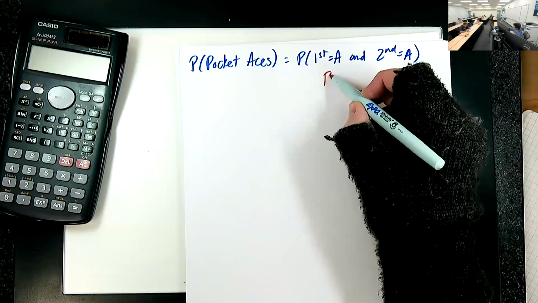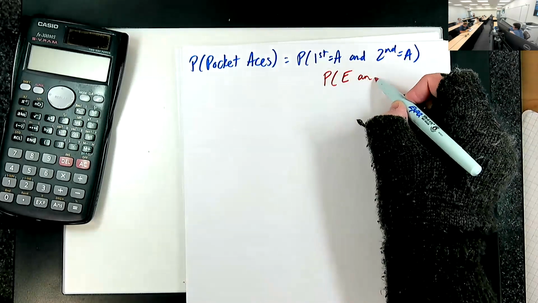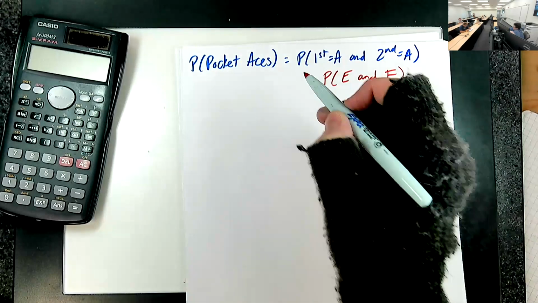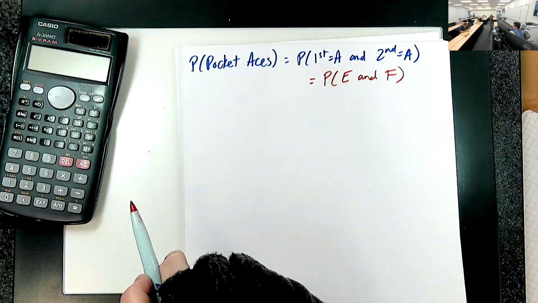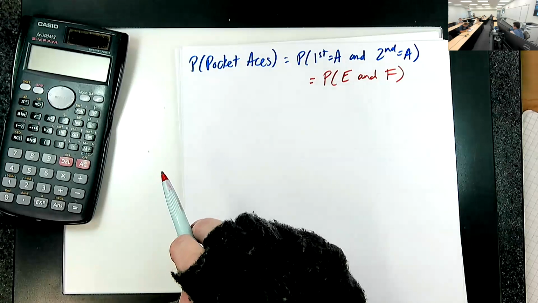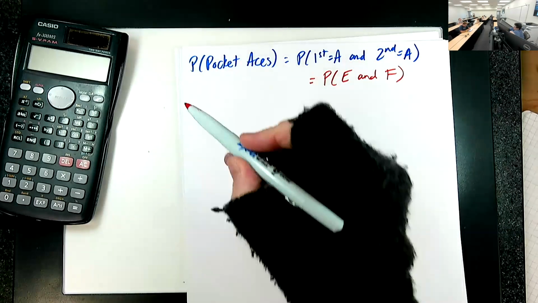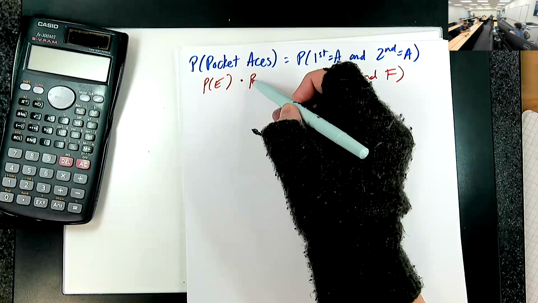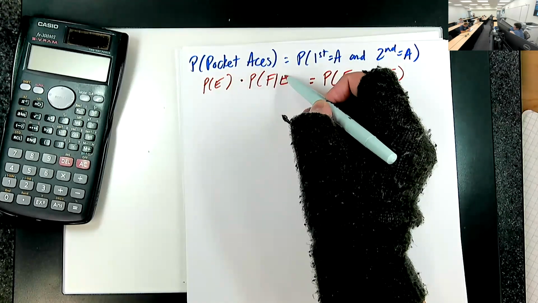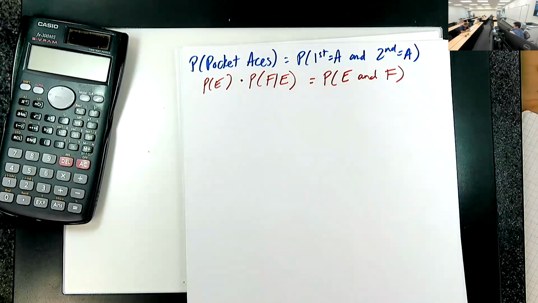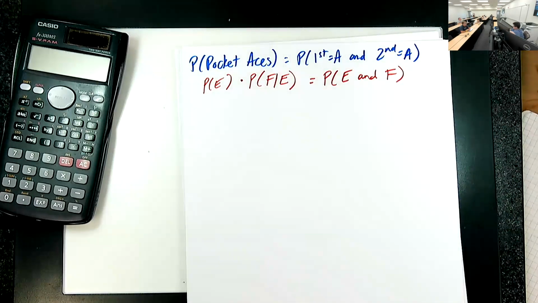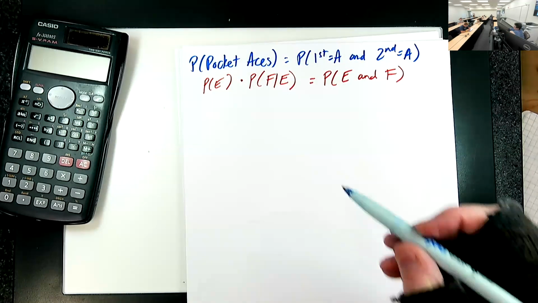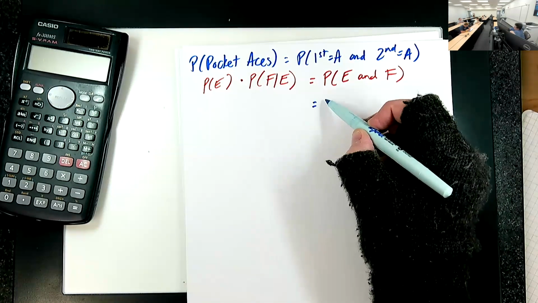This is like the probability of E and F. And so the formula we had for E and F was probability of E times probability of F given E. So we're going to line that up with what we have with aces.